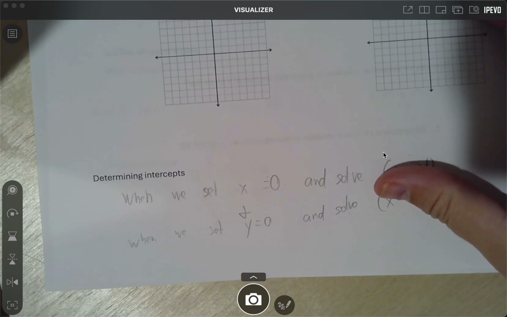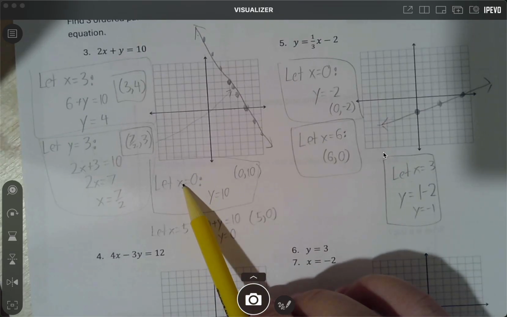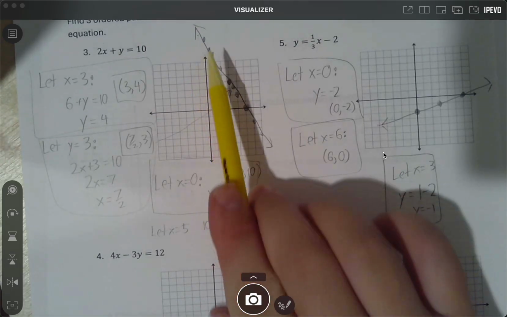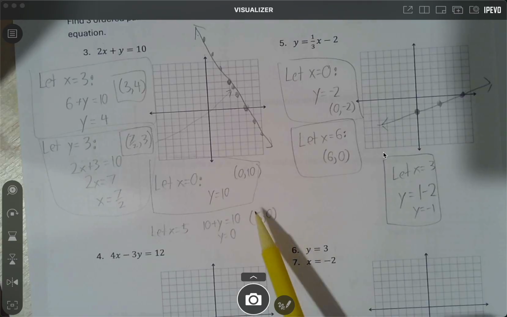And in fact, this has happened a lot. Incidentally, you can see it. I let x equal 0 and I found the y-intercept 10. And then I didn't do it in quite that order, but it happened anyways. I let x equal 5 and I got y equals 0. I could have done that in reverse. I could have said, let's make y 0, and then I would have found that x is 5.